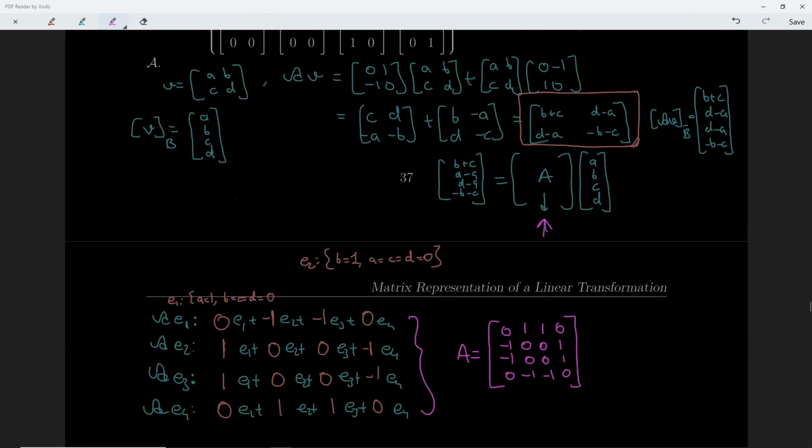What is the first row of this A matrix? 0, 1, 1, 0 times ABCD is equal to B plus C. If you multiply the second row with ABCD, you obtain D minus A. And for the last row, if you multiply 0, -1, -1, 0 with ABCD, you will get minus B minus C. So we were able to obtain the A matrix correctly. You can verify that as well.